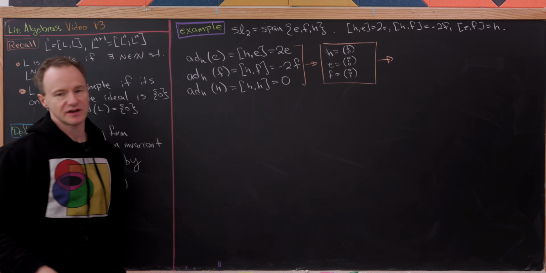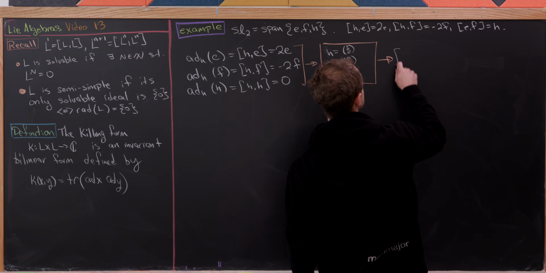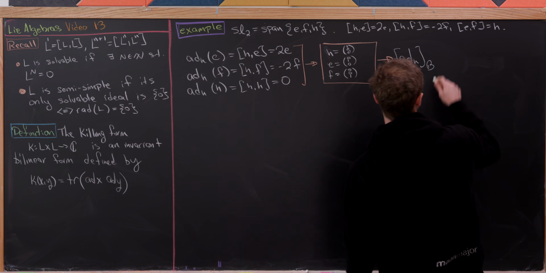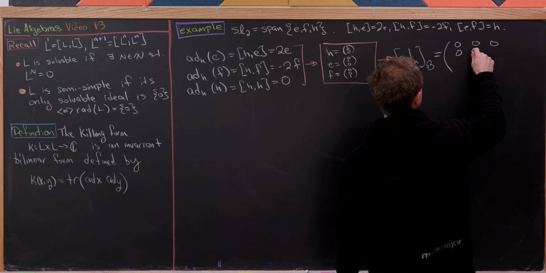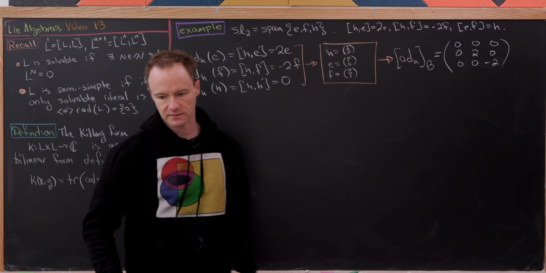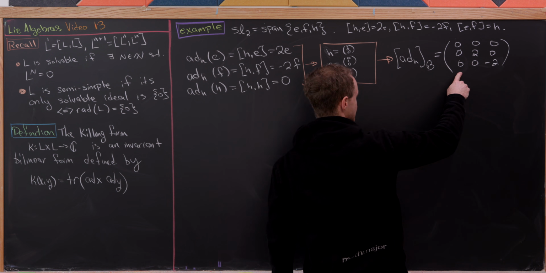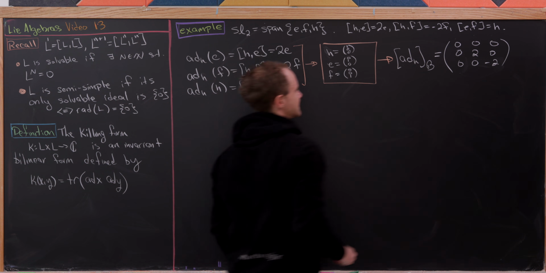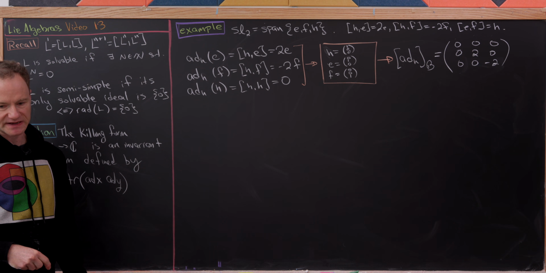Then the adjoint action of H tells us that in this basis, H, E, F, ad H is represented by the diagonal matrix with 0, then 2, and then minus 2 on the diagonal. That's simply because it maps H to the 0 vector, it maps E to 2E, and it maps F to minus 2F. Okay, so there is ad H represented in this basis.